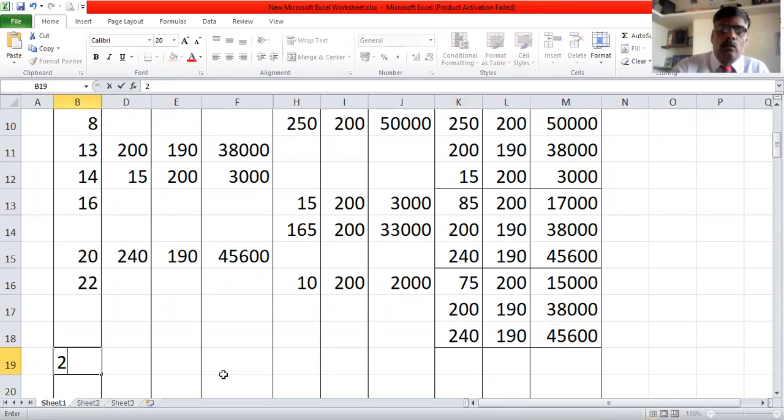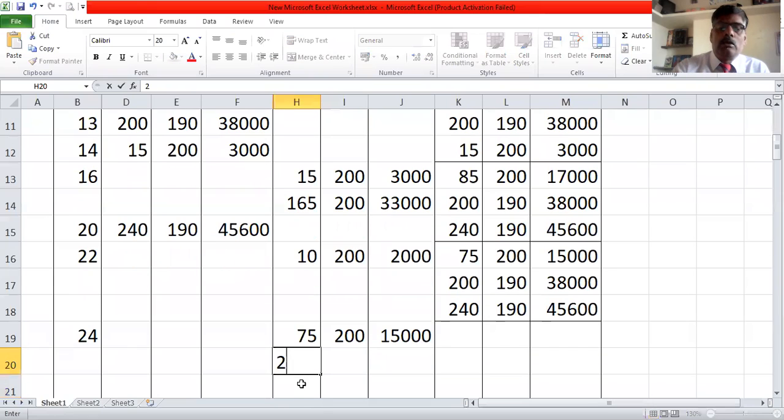Date is 24. Quantity to be issued is 300 tons. So you first take the first lot, 75 units at the rate of 200, 15,000. Then you take the second lot, 200 tons at the rate of 190, amount is 38,000.